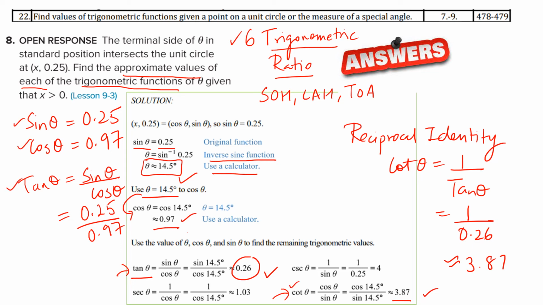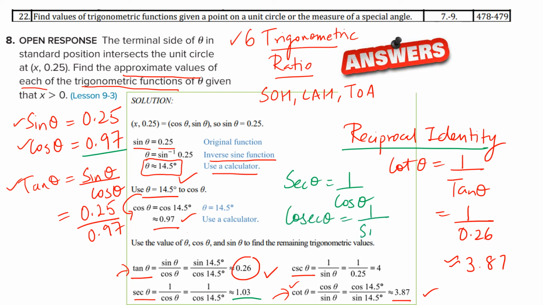What about the reciprocal identities, cosecant and secant? Again, we can use the same concept of reciprocal. We know secant theta is 1 over cos theta. So just take the reciprocal of 0.97. That comes out to be 1.03. And similarly for cosecant theta, it's the reciprocal of sin.